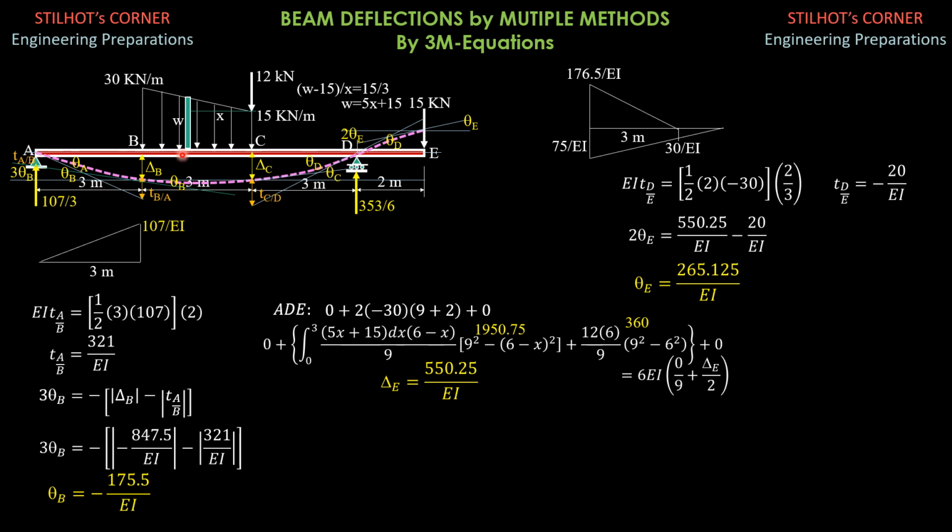Then for delta E, which is this, we write 3 moment equations, this time considering the span A, B, and E. So AD is 9 meters long, while DE is 2 meters long. The horizontal reference line is now through D, and this is the horizontal axis of the beam or the x-axis.